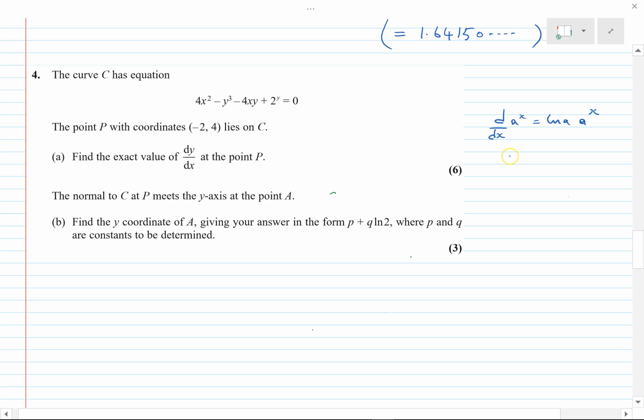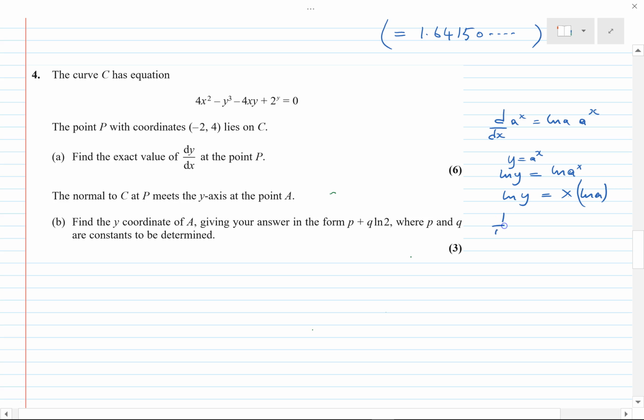So what you can do is just say, okay, let y be equal to a to the x. There are various ways of going about this, but you can do ln y is equal to ln a to the x. So ln y is x ln a.